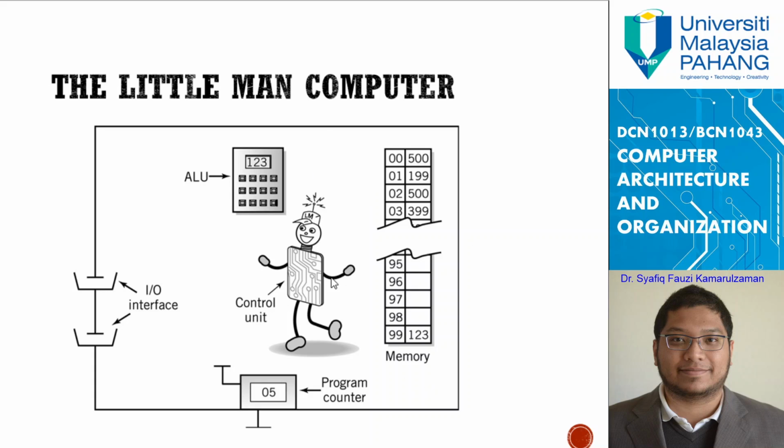So the control unit interacts with you, asks what do you want to eat, gives you the bill, which is calculated from the ALU, and also gives you the data taken from the memory. The program counter is the number that you get. For example, you are client number 5. So when your food is ready, number 5, please come to the counter. This is what happens within your processor.